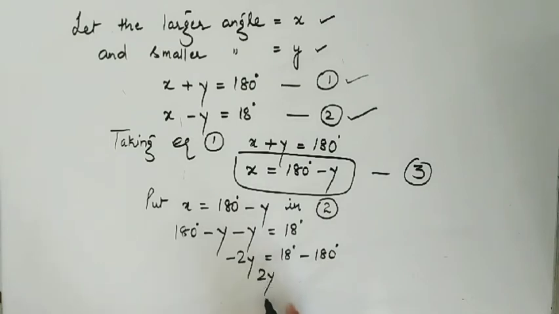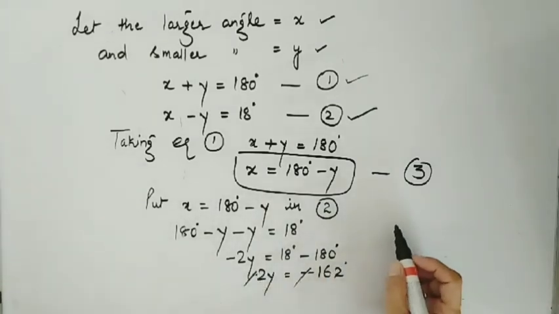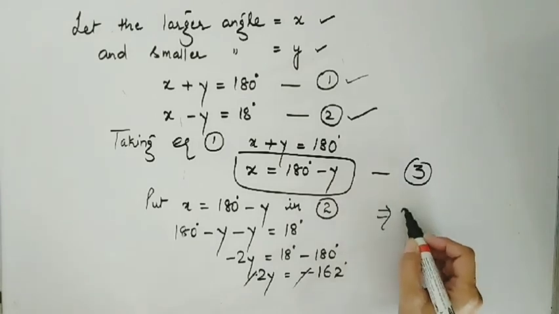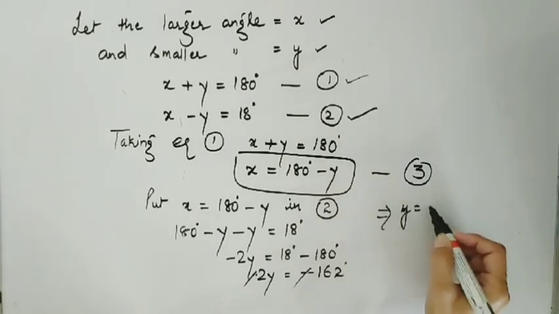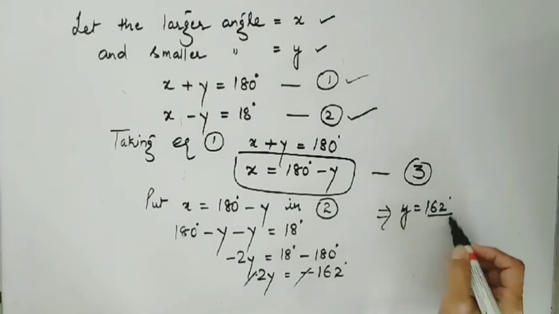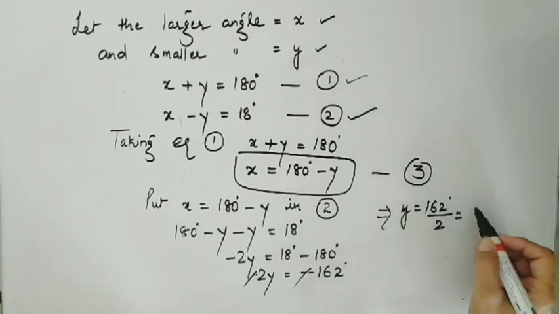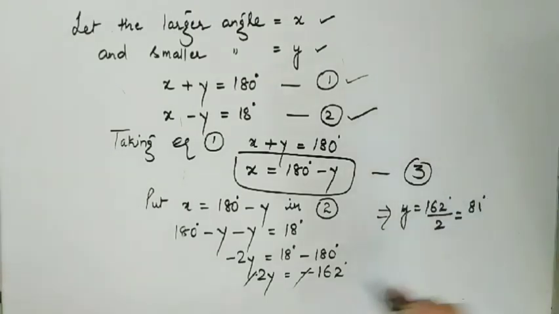and simplifying this would be 162 with negative. Negative, negative cancelled. So the value of y is 162 by 2, which is 81.